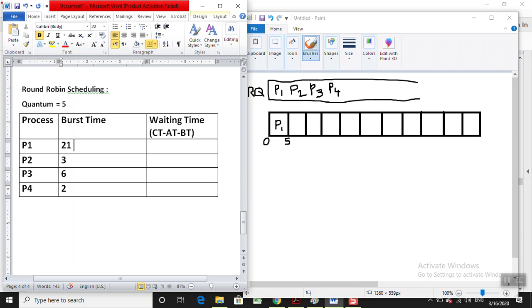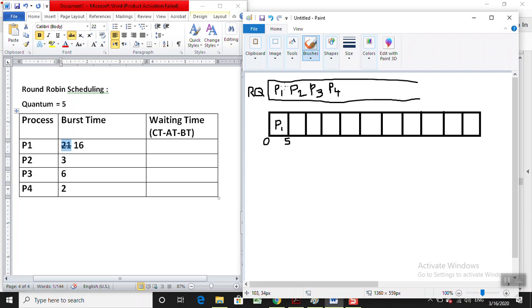Only 5 seconds have been done, so 16 is remaining now. At 5 milliseconds, after finishing, the state of this process will be saved in the PCB, and it will be scheduled for execution after all the other processes. It will be in the queue again.